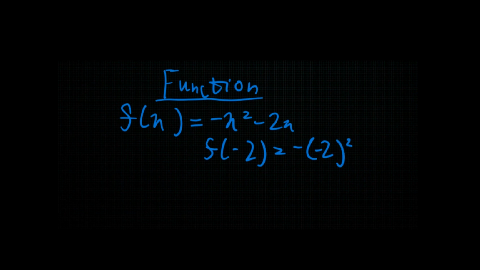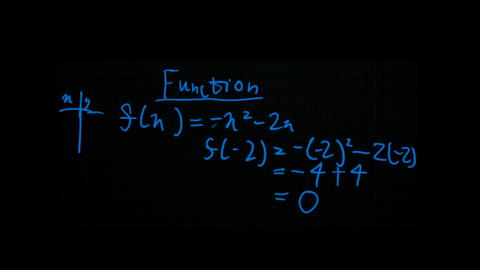Now don't forget to give these negatives from this place. The x here is basically negative 2. We're also having another negative, so don't forget to give that negative as well. Negative 2 times negative 2 equals positive 4, and then this negative comes and turns it into negative 4. So now negative 2 times negative 2 will be positive 4, which will be equal to 0. So f of minus 2 equals 0.